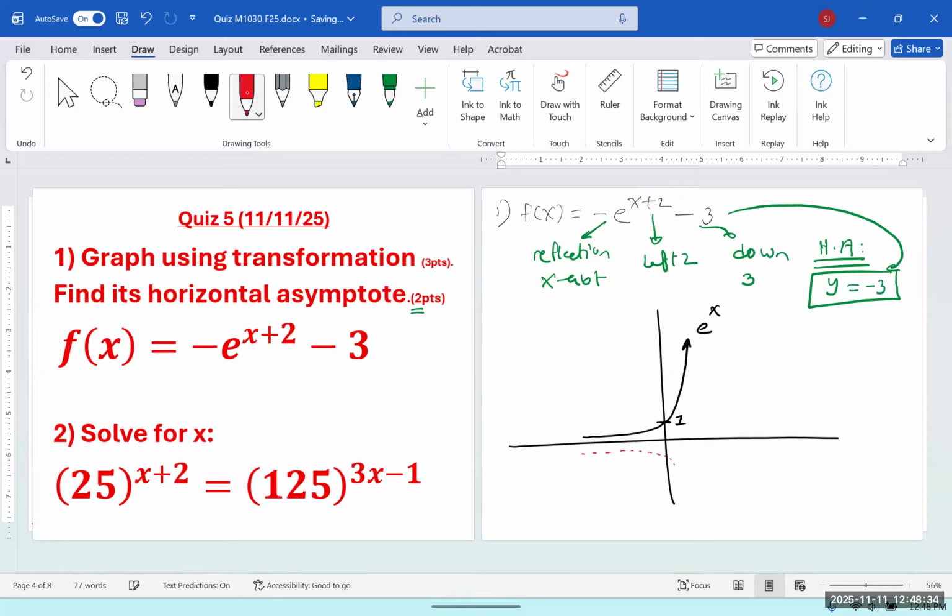This one is going below the x-axis, and this positive 1 turns into negative 1. And now this negative 1, you are transforming. You're going 1 left, 2 left here, and then 1 down, 2 down, 3 down here. So we have this here, this here, and this here. So you're drawing the same reflected graph, but here.